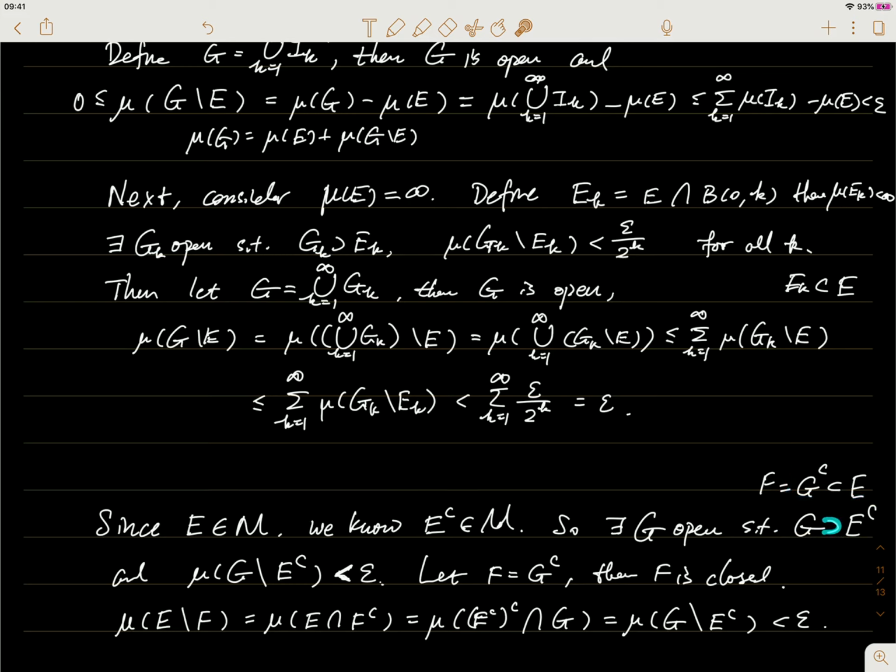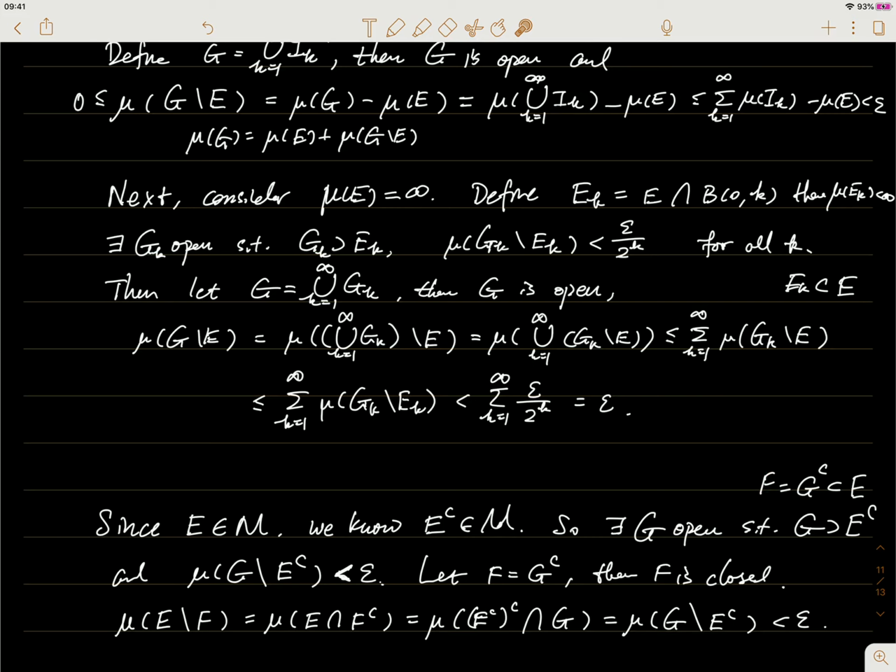I will switch the inclusion when I take the complement. And as I defined, this F is defined as the G complement. Then I know that this F will be included in E.